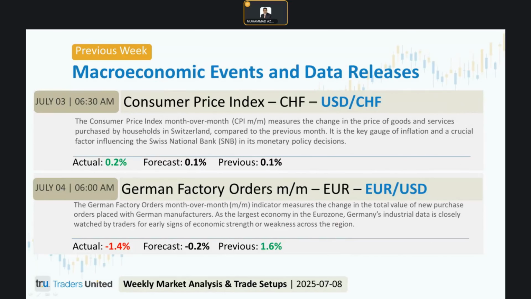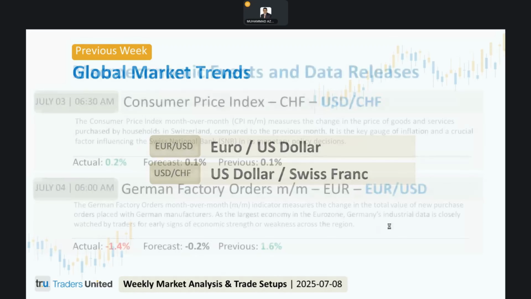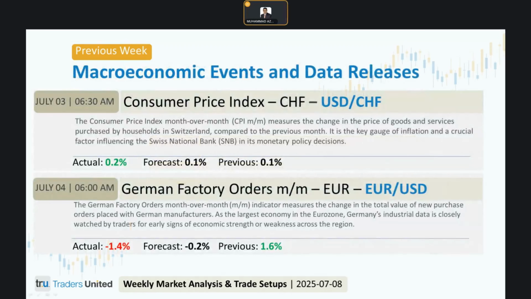The conclusion is that the July 3rd, 2025 Swiss CPI surprised to the upside at 0.2%, signaling stronger inflation. However, the expected CHF strength did not materialize, and USD Swiss franc moved up instead.